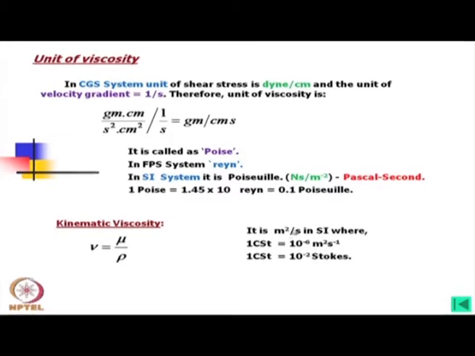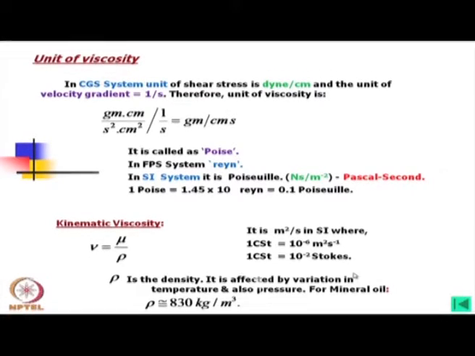Now, it is meter square per second in SI units, and 1 centistoke is equal to 10 to the power minus 6 meter square per second, and 1 centistoke is equal to 10 to the power minus 2 stokes. Now, rho is the density.